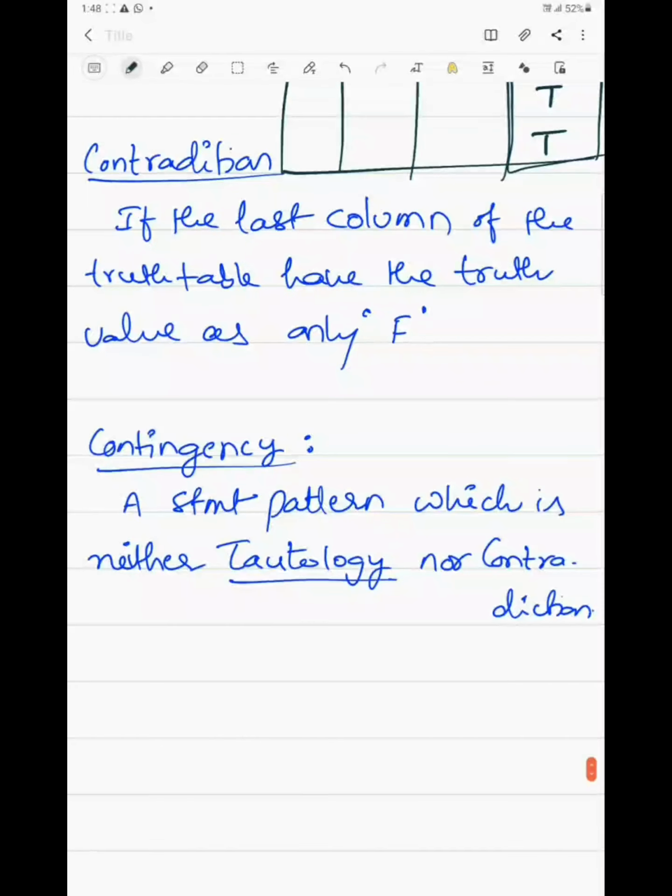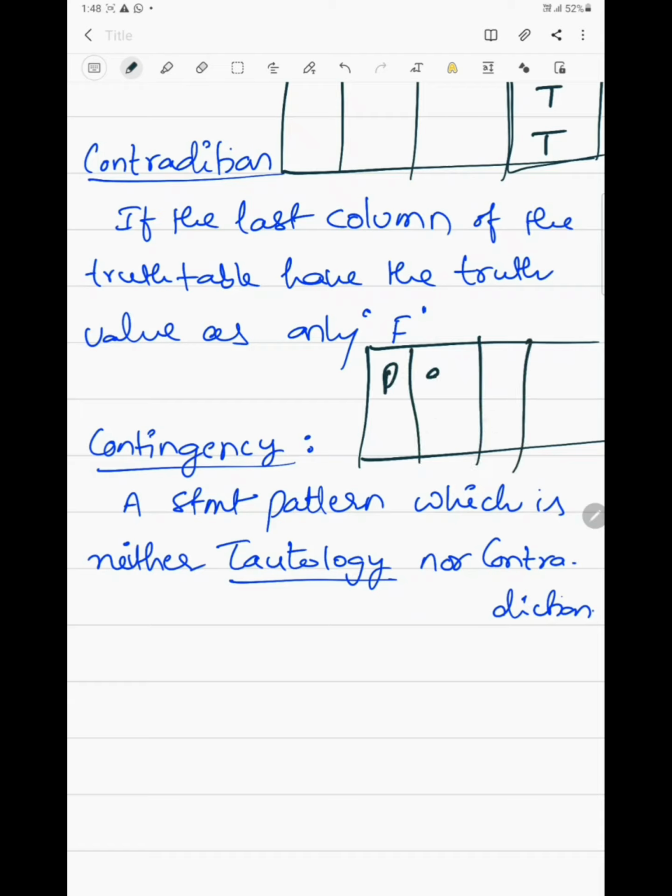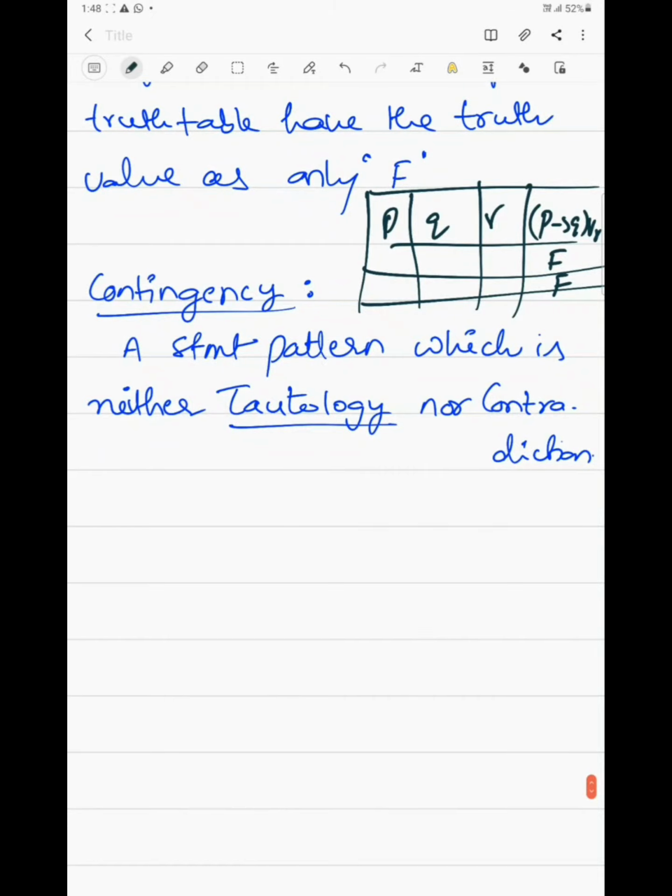Next, contradiction. Contradiction means the opposite of tautology. Suppose P, Q, R is there, then P implies Q and R, whatever the values are, the entries of the last column of the statement pattern should be F. Then that type of statement is called a contradiction. Contingency means a statement pattern which is neither tautology nor contradiction.